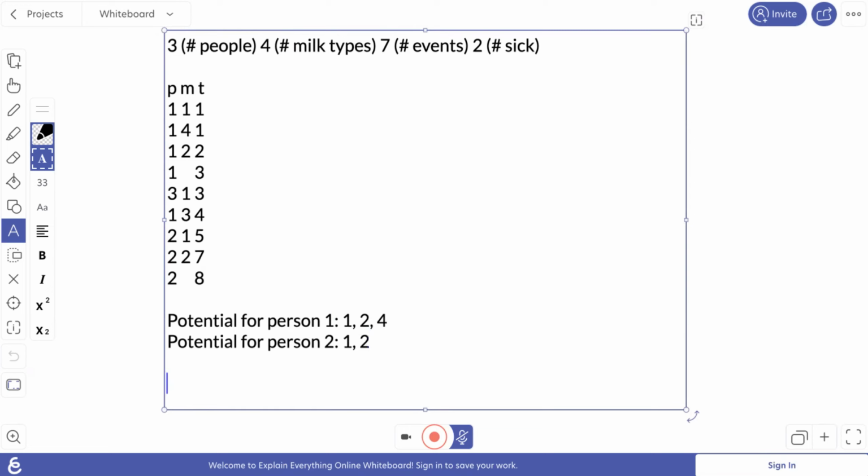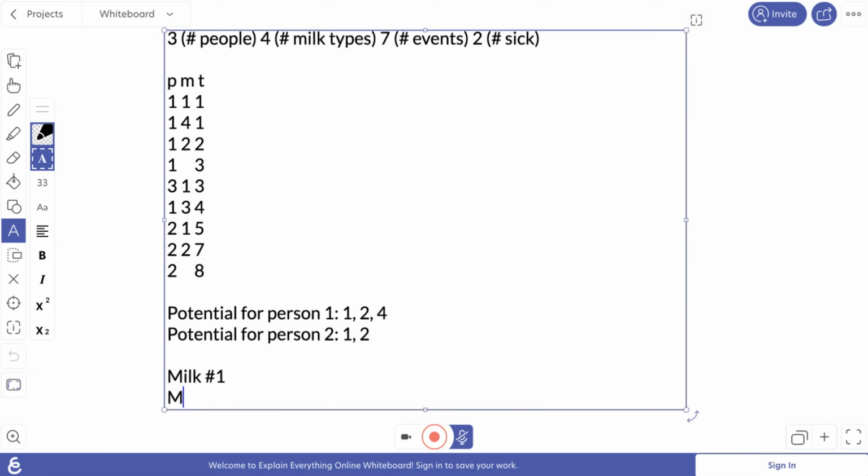So we know that milk 1 and 2 are possible contaminated milks, but 4 is not, because person 2 did not drink milk 4.